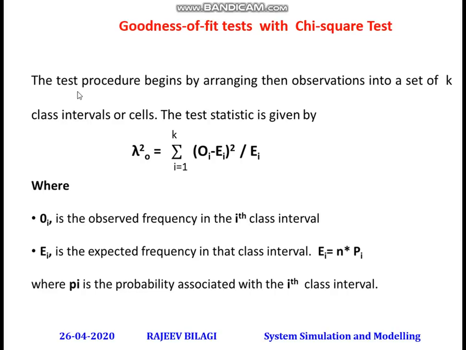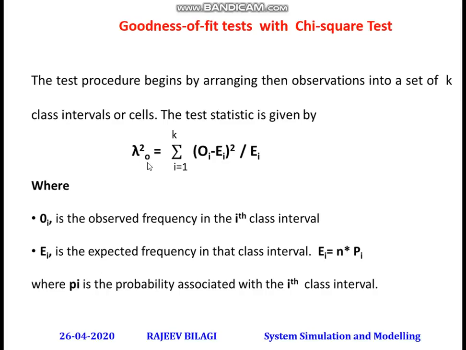Now, the first step: the test procedure begins by arranging the observations into k class intervals or cells. We have done this already in the previous method, like how you distribute into equal class intervals.